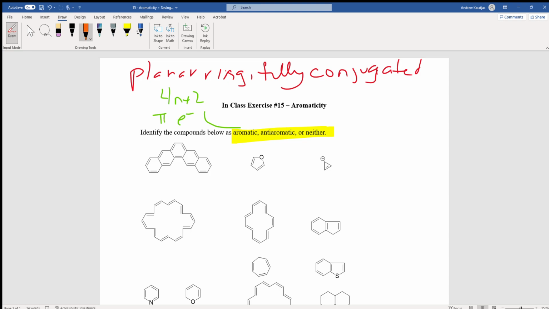And if it's anti-aromatic, we should have 4n pi electrons. So what we'll do here is we'll highlight the aromatic ones in yellow, the anti-aromatic ones in purple, and we'll use green for neither.